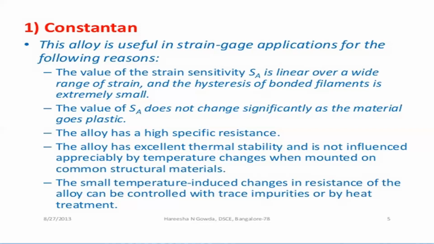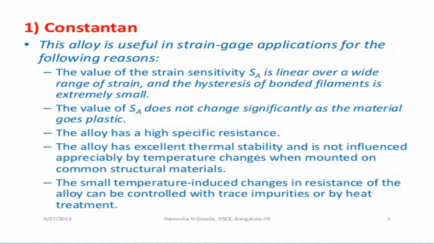The alloy has a high specific resistance. By using this type of alloys, that means copper or nickel alloys used in strain gauge manufacturing, it gives high specific resistance. And the alloy has excellent thermal stability and is not influenced appreciably by temperature changes when mounted on common structural material.